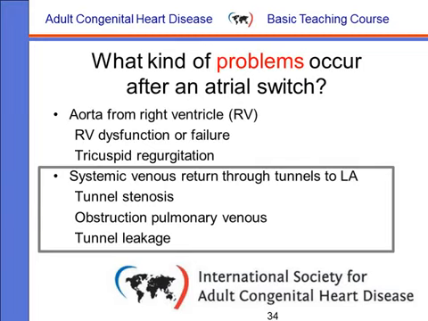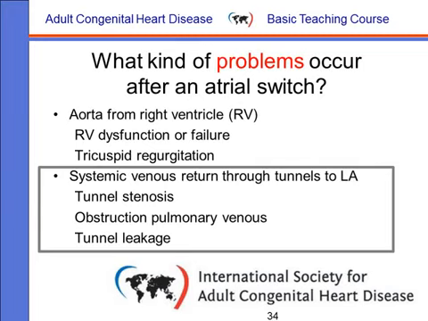Because the tunnels were created by the surgeon when the child was very young, these tunnels might become stenosed when the patients got bigger and the tunnels didn't grow that much, especially in the Mustard where fabric was used. Also during growth, the anatomic relation could change a bit and obstruction to pulmonary venous return could happen.